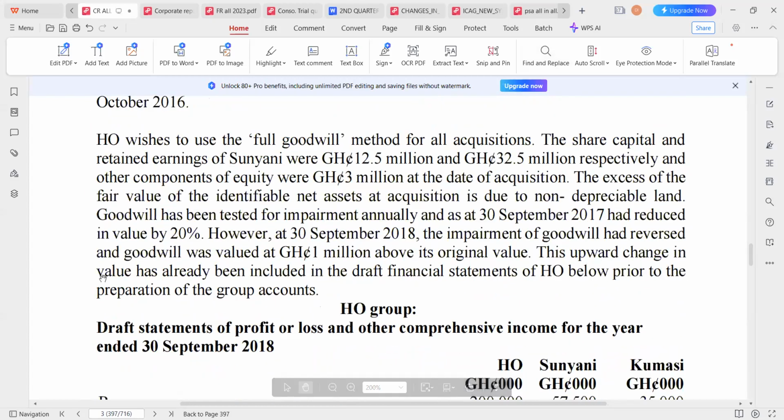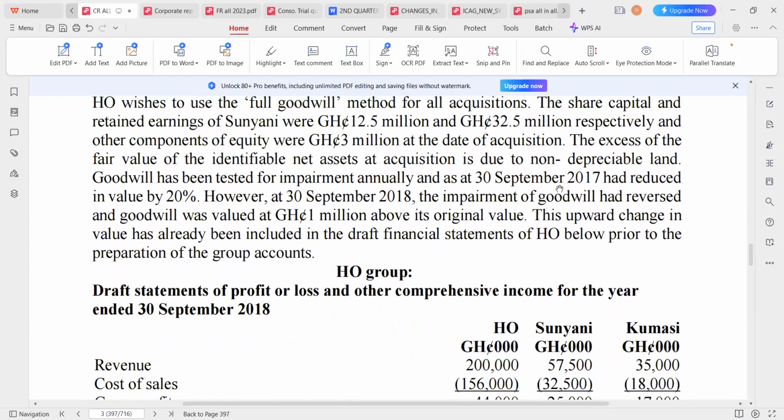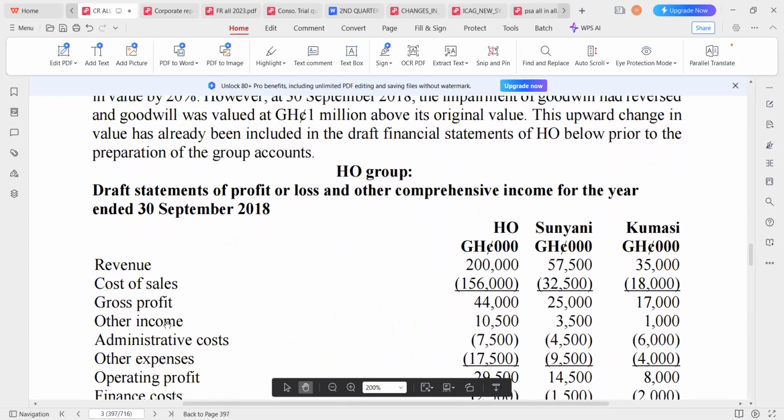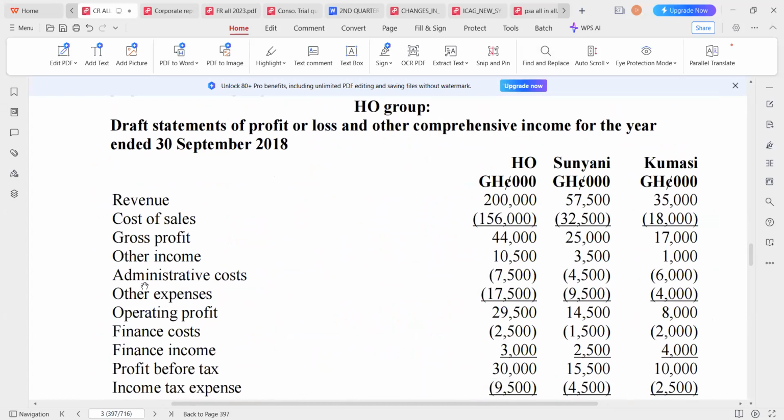So this upward change has already been included in the draft financial statement. Whoever has recorded it in other income or in admin expense, you are reversing it. What happened is that he has recorded a gain of 1 million to reverse impairment. He will not agree with that gain. Instead, it must go to OCI.